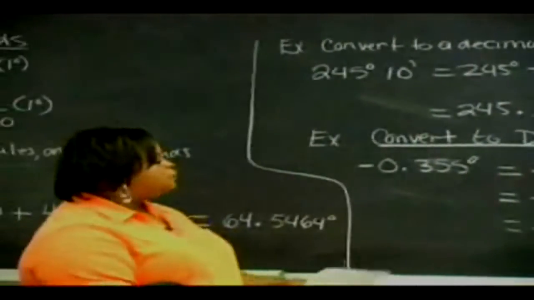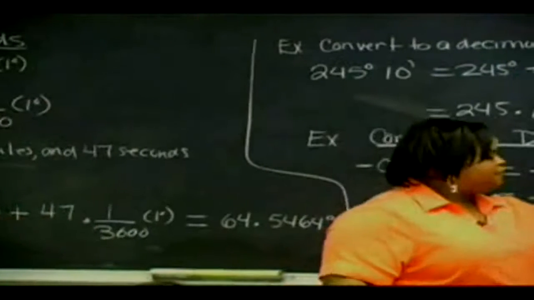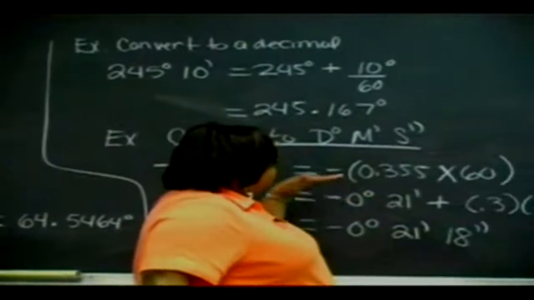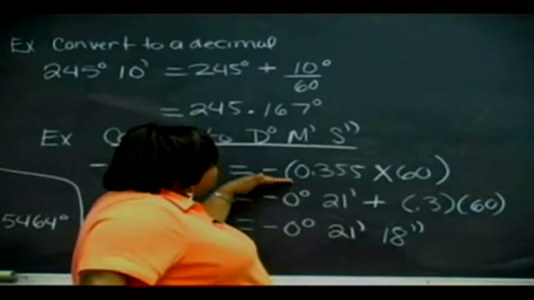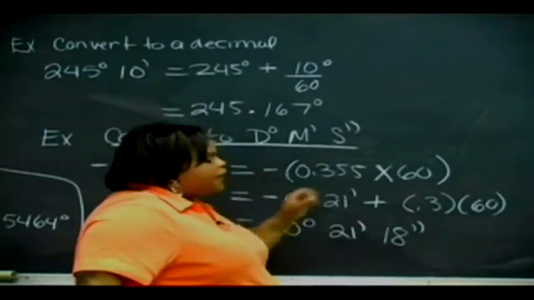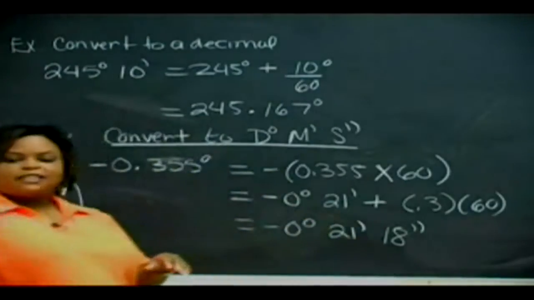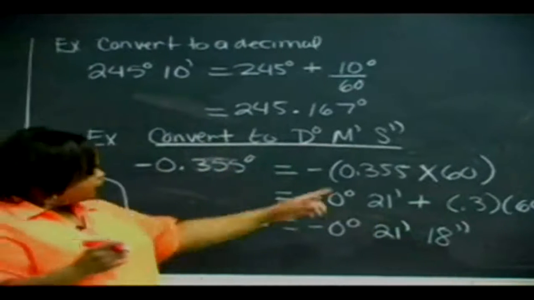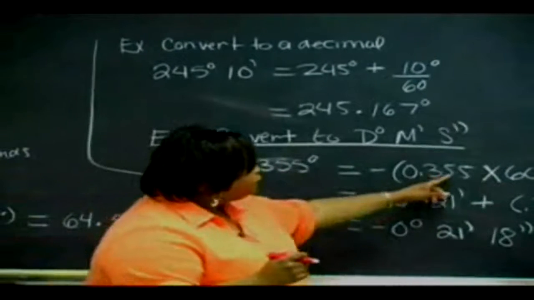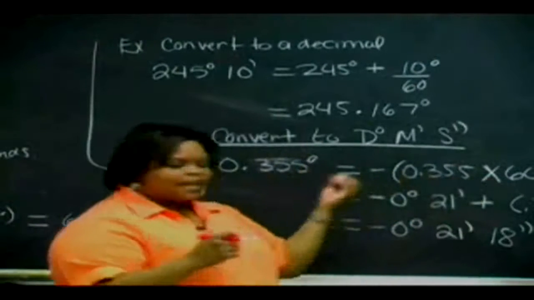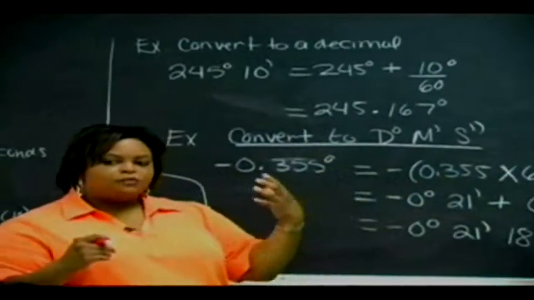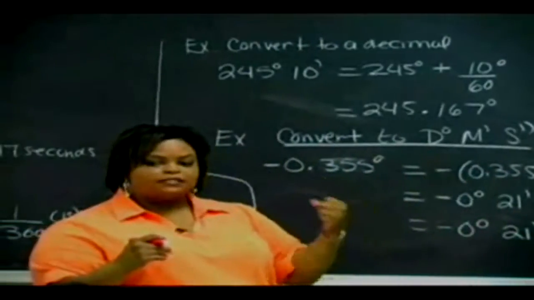Okay, the question was, why did we use this 60 here? If we had wanted to convert all of it at one time from this point, we would have probably used just the 360. But we're taking it step by step. When we do the 0.355 times 60, we're taking that whole number portion and using it as our what?